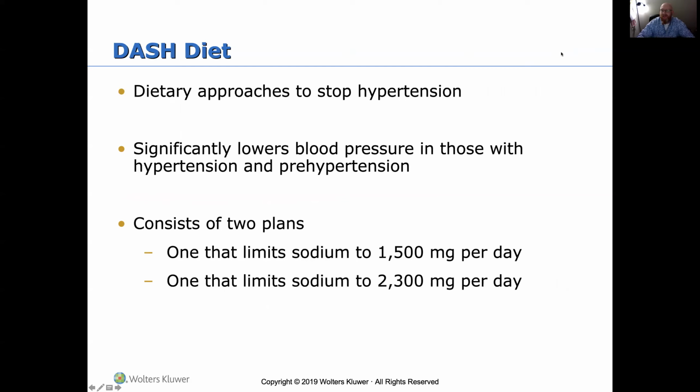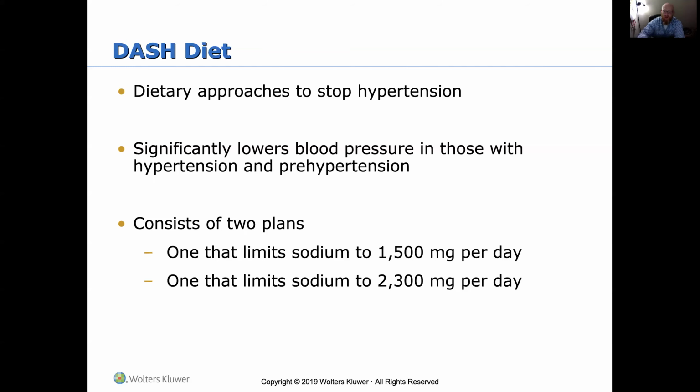DASH diet. You need to know what the DASH diet is. It is a dietary approach to stop hypertension, DASH. DASH has to do with high blood pressure or hypertension. It significantly lowers blood pressure in those with hypertension and pre-hypertension. There's 2 plans. One of those limits sodium to 1,500 milligrams a day.